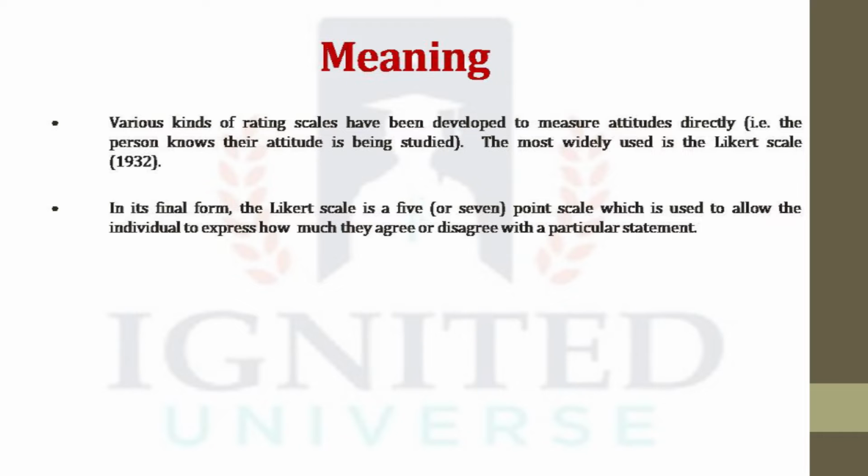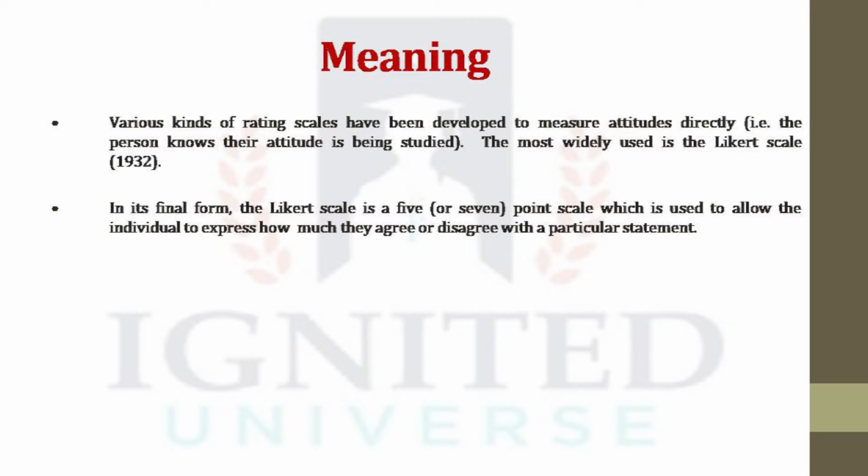In its final form, Likert scale is a 5 or 7-point scale which is used to allow the individual to express how much they agree or disagree with a particular statement. Likert scale is a multiple item agree-disagree 5 or 7-point scale.